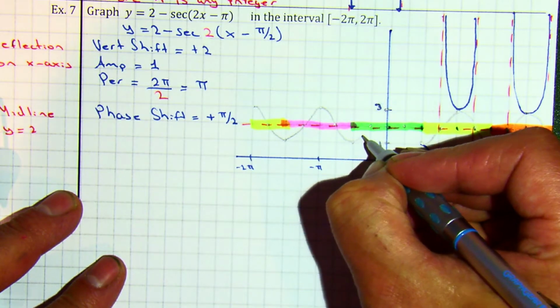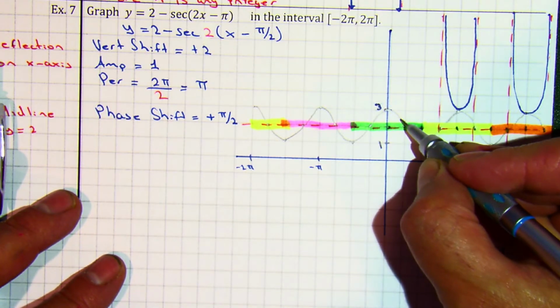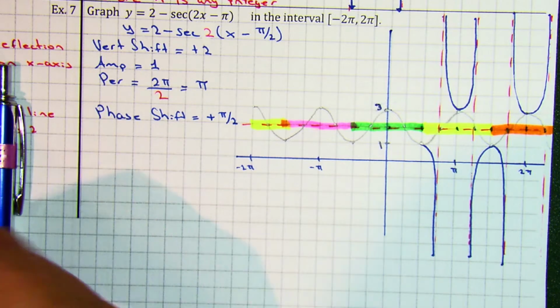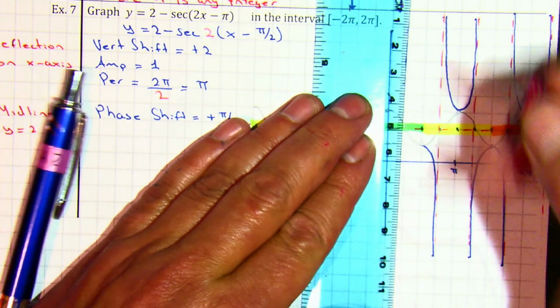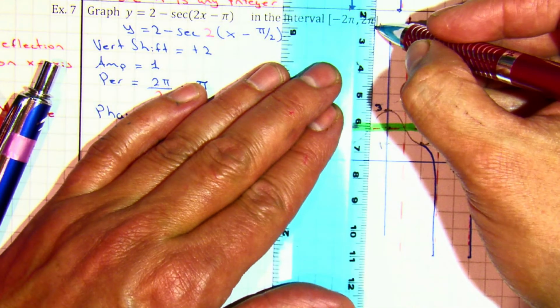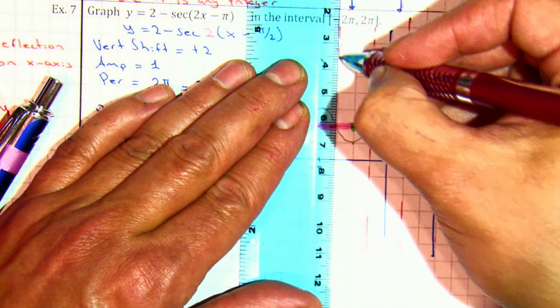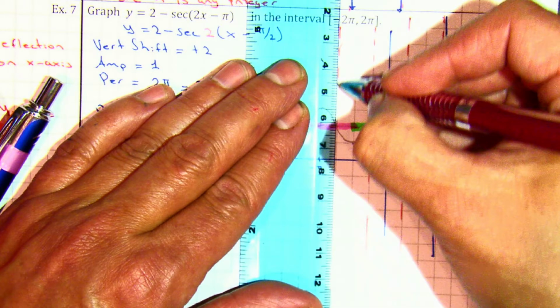I do need to be able to see your graph for cosine. As part of your work, now I'm going to place them all together. Every time it crosses the midline, there's an asymptote. So therefore, the other part is here.